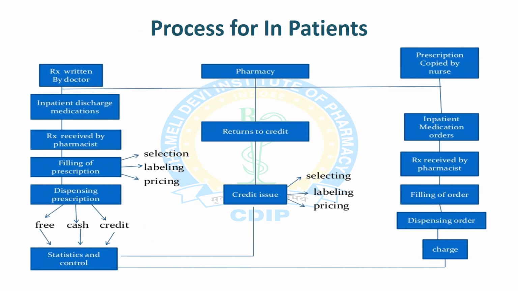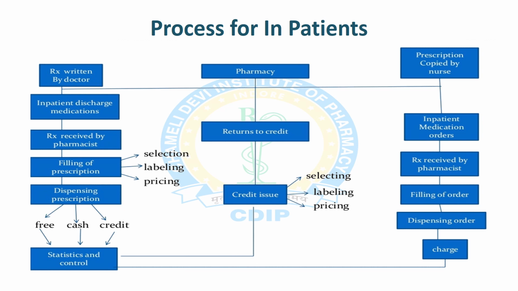If we are talking about the process for inpatients, then the prescription is written by a doctor, pharmacist or the nurses. When the doctor writes the prescription, it is received by the pharmacist.